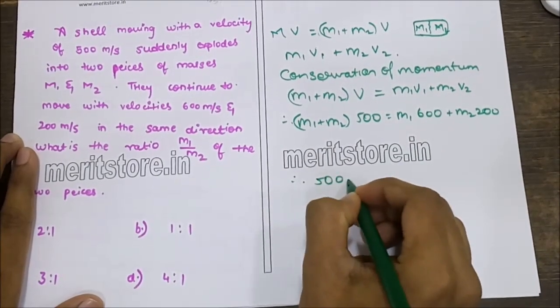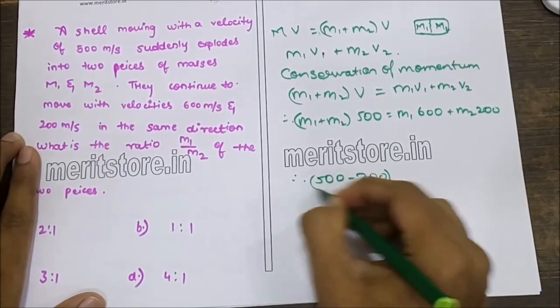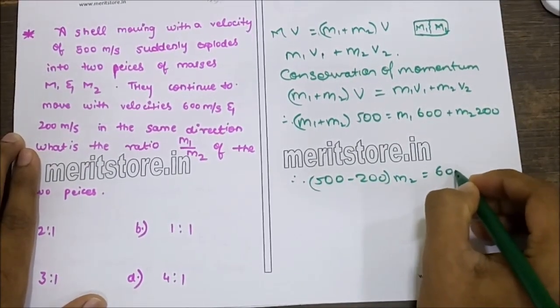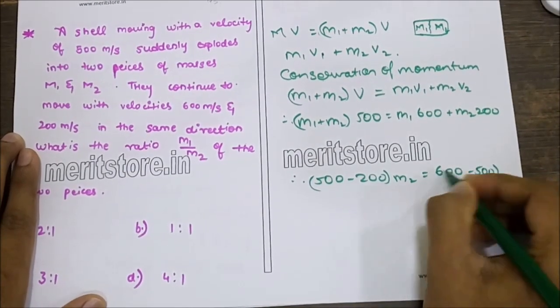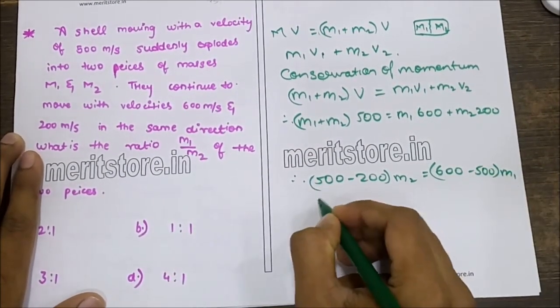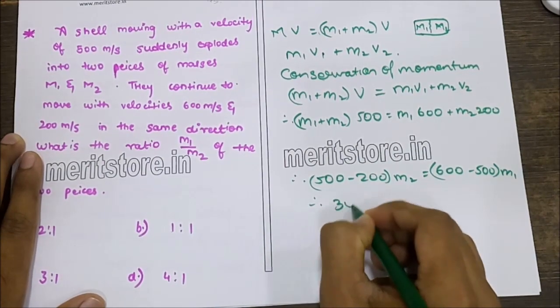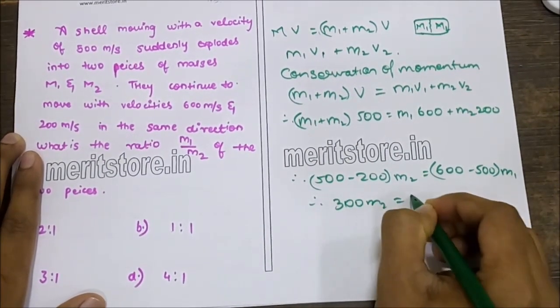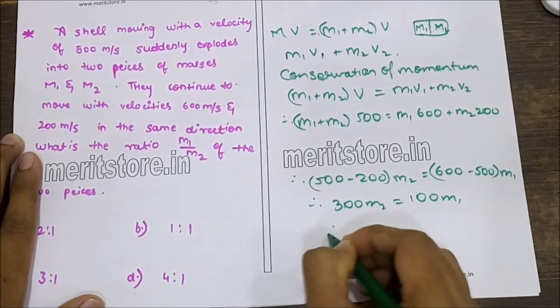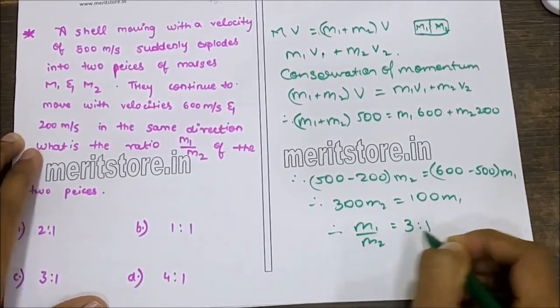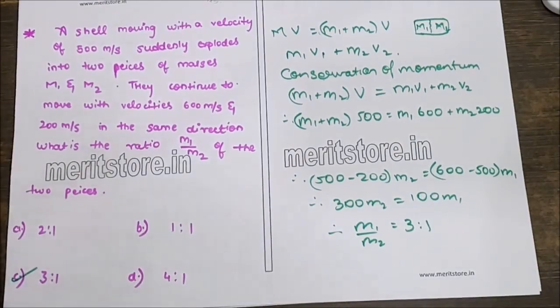Therefore, 500 minus 200 m2 equals 600 minus 500 m1. Therefore, 300 m2 equals 100 m1. Therefore, m1 by m2 equals 3:1. Hence, option C is the correct answer.